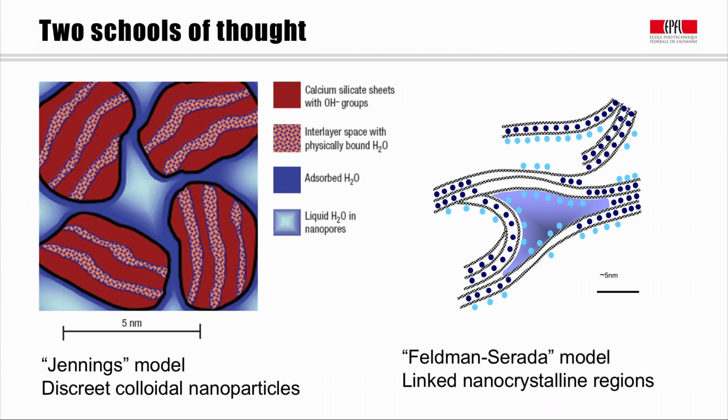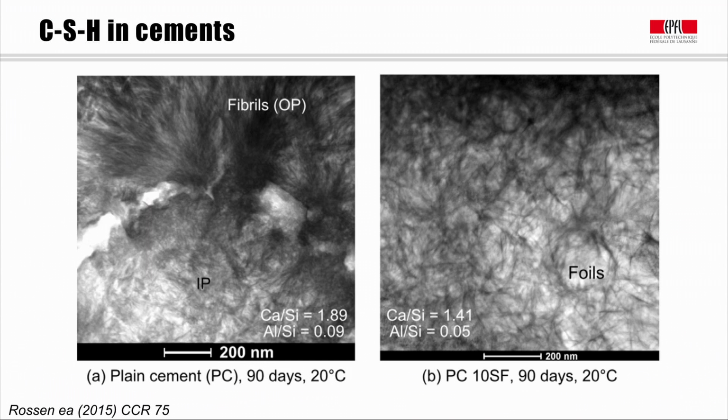Now we have to say, well, what's the evidence for one or the other of these models? Well, for me, seeing is always believing, and I think the best evidence is really coming from transmission electron microscopy. So this shows two transmission electron micrographs from cement paste.